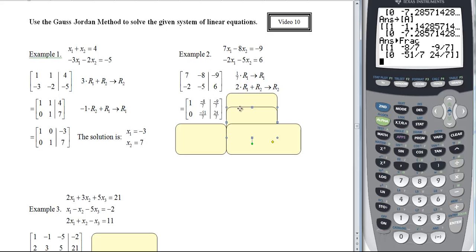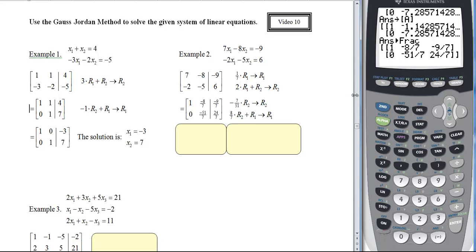Come on, box. Maybe I had 2 boxes there. Ah, there it is. So negative 7 over 51 times row 2 for my new row 2. And then I'm assuming I will have my 1 once I get that completed. So I need to make this a 0. So I'm going to multiply row 2 by 8/7 to eliminate that position. Alright.